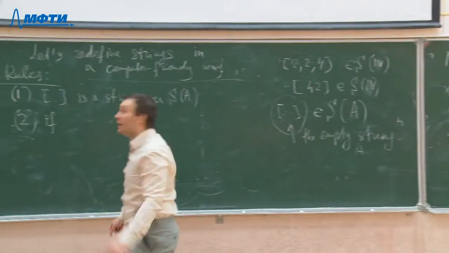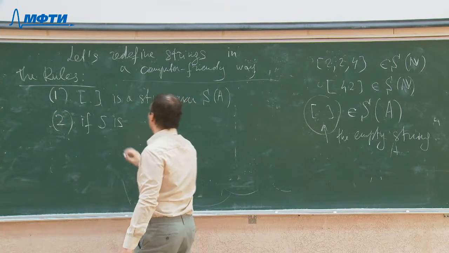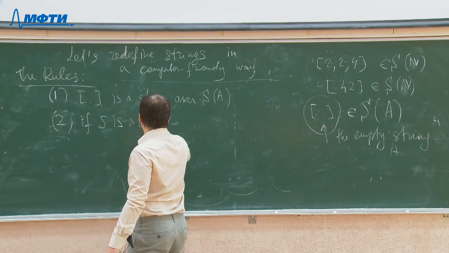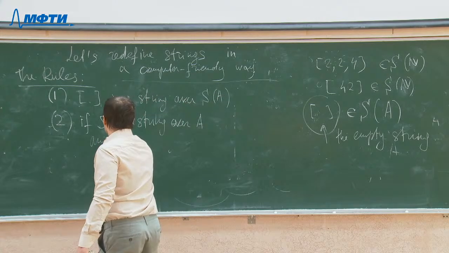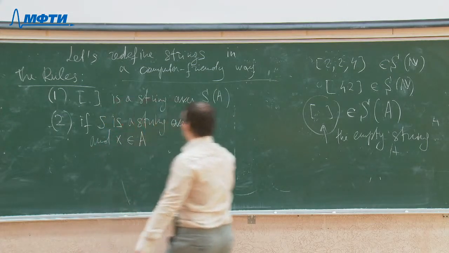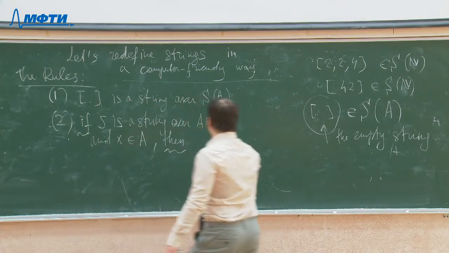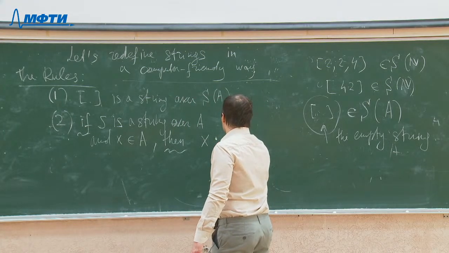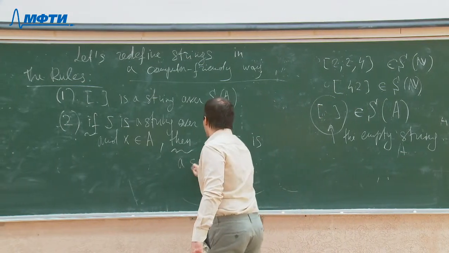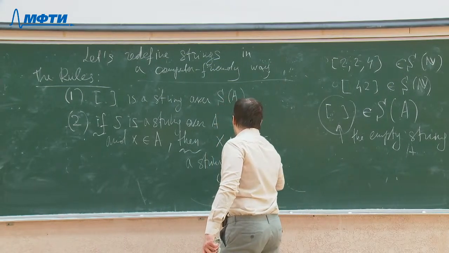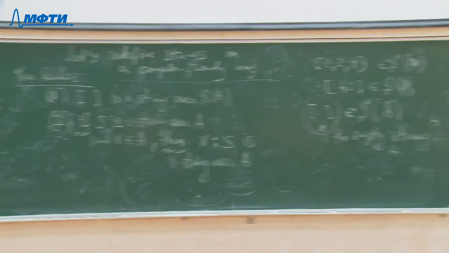So, if S is a string over A, and X is a symbol from our alphabet, then this thing, X, column S, is a string over A. What is column?